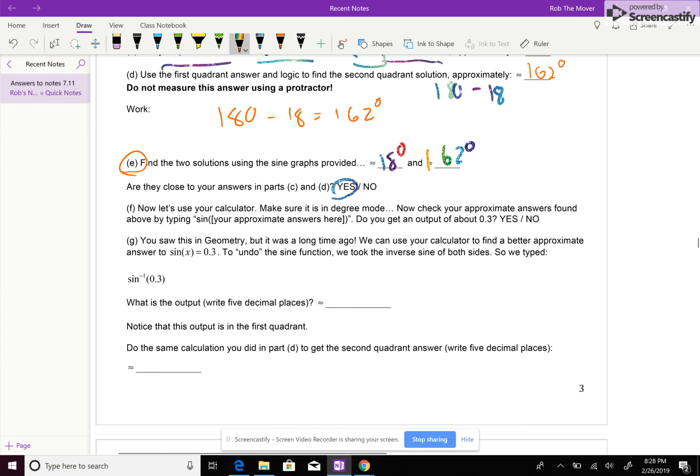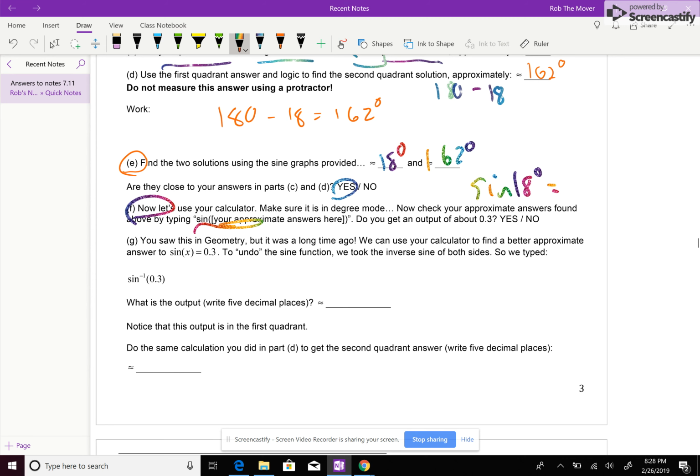Now let's use our calculator. Be sure it's in degree mode. We're going to check the approximate answers we found by typing the sine of our approximate answers. So we're going to type the sine of 18 degrees in our calculator.